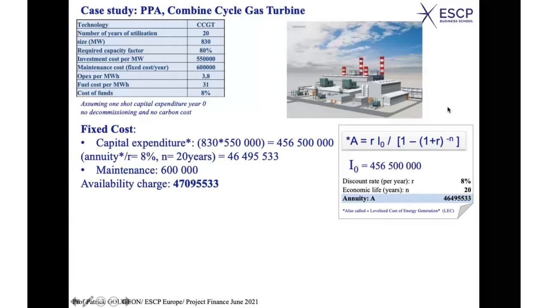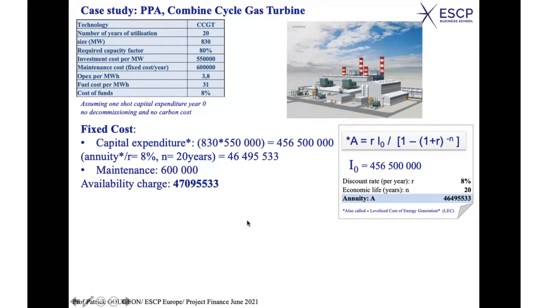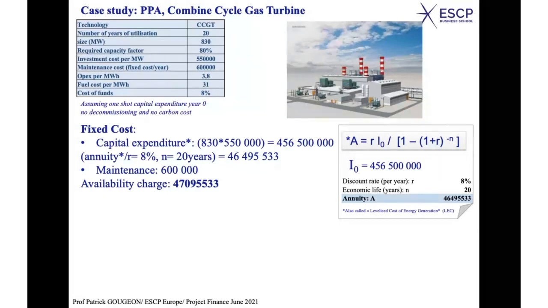The annuity would include the depreciation, that is the repayment of the initial investment, plus the cost of funds. So taking the annuity gives you an idea about the fixed cost due to the investment, to cover the amount invested, which is depreciated year after year, and also the remuneration for those who have given the funds in the first place.